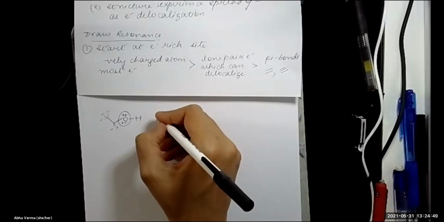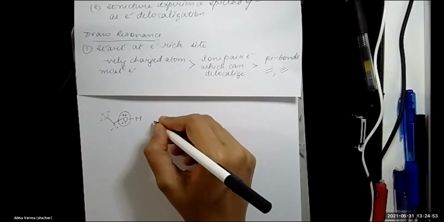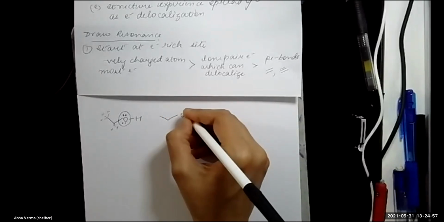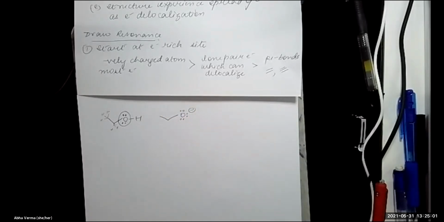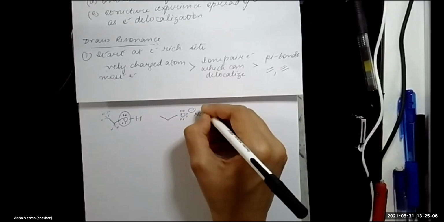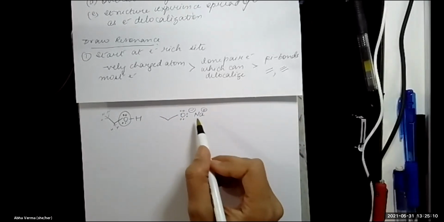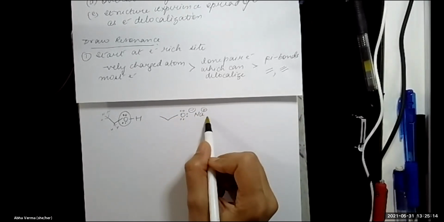If you look at a structure like this, in this particular structure, let me put a counter ion. Do you all remember what a counter ion is? A counter ion is just a metal ion, which is a spectator ion. It has no contribution to the main reaction.